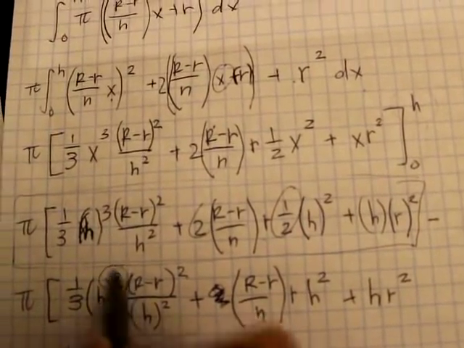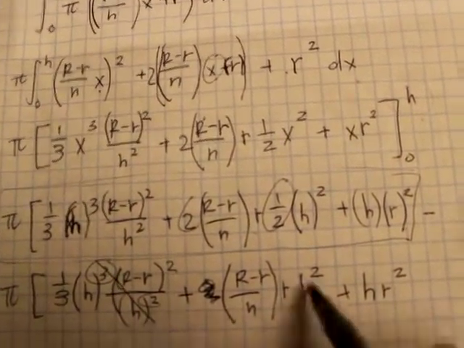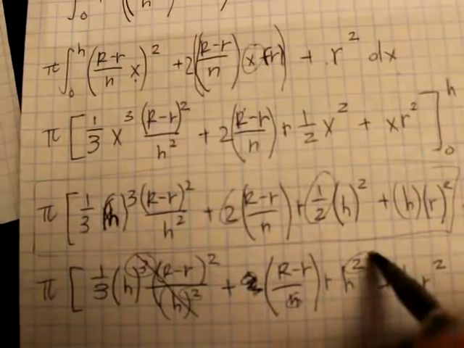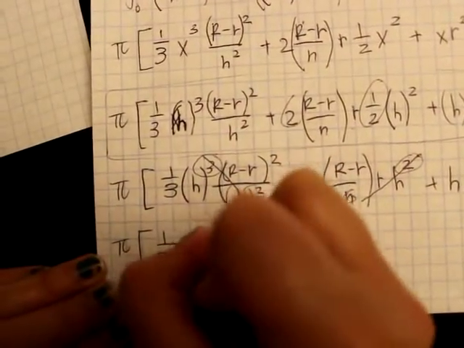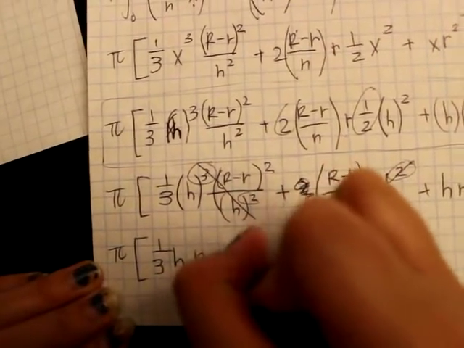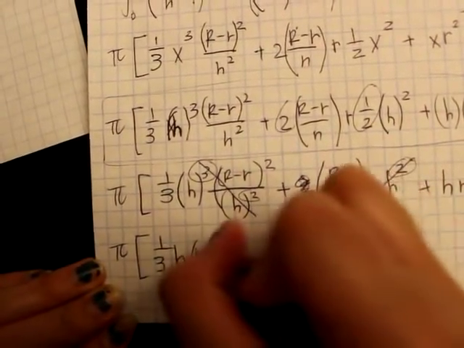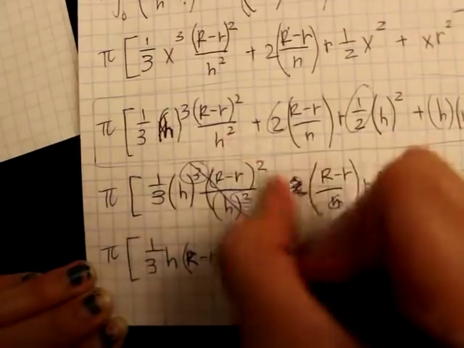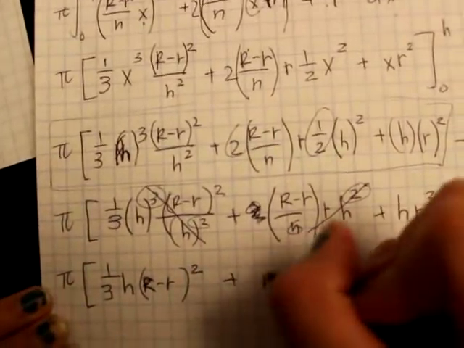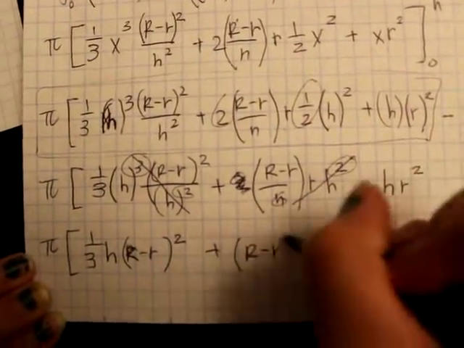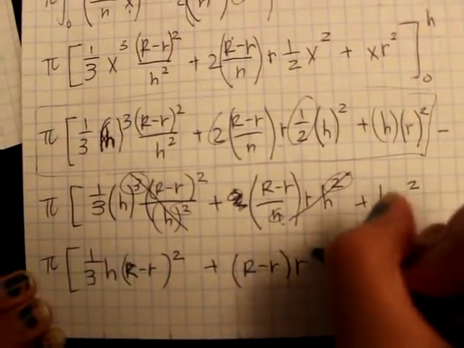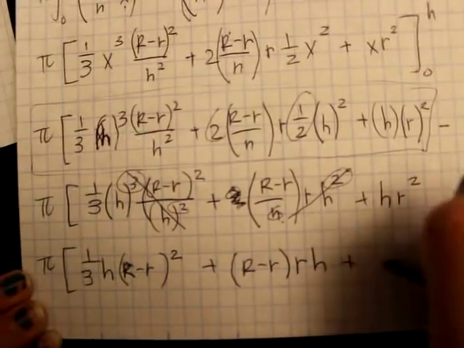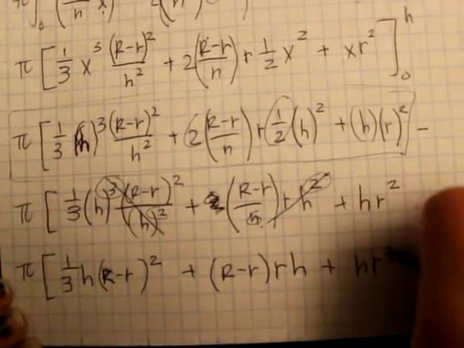Okay, so this and this will cancel out. This right here and this right here will cancel out. So we have pi times 1 over 3 h times big R minus little r squared, plus big R minus little r times r times h, plus h r squared.